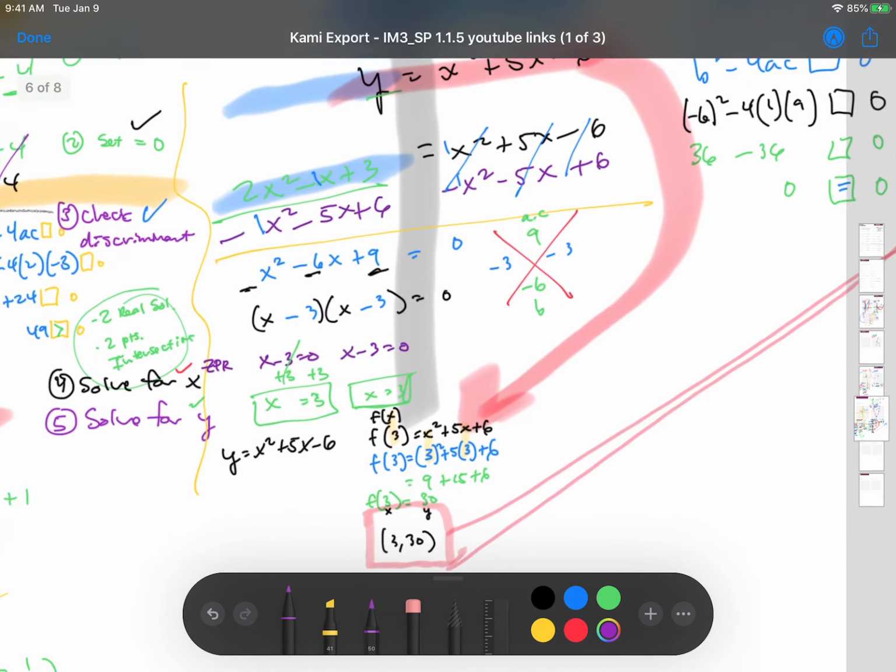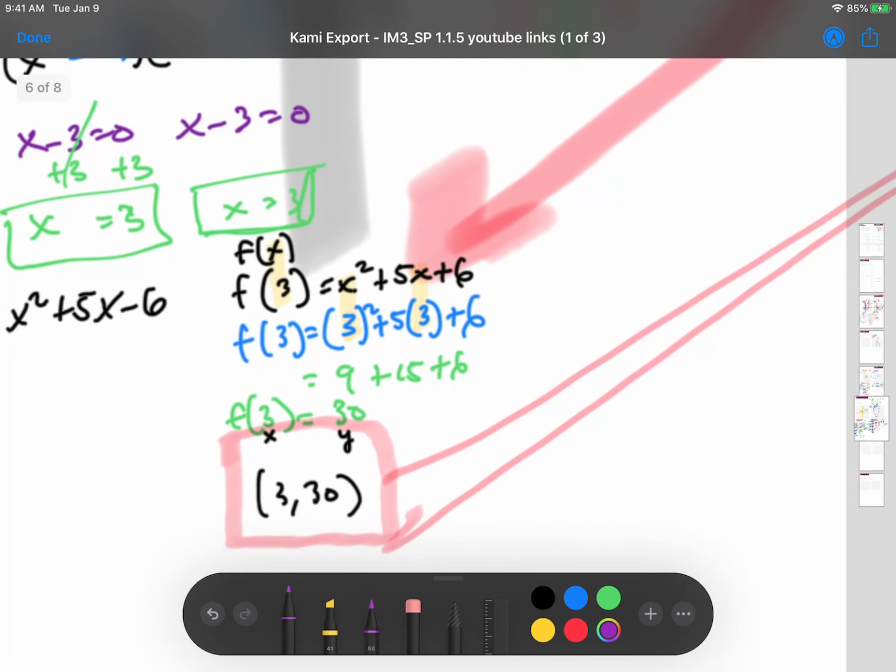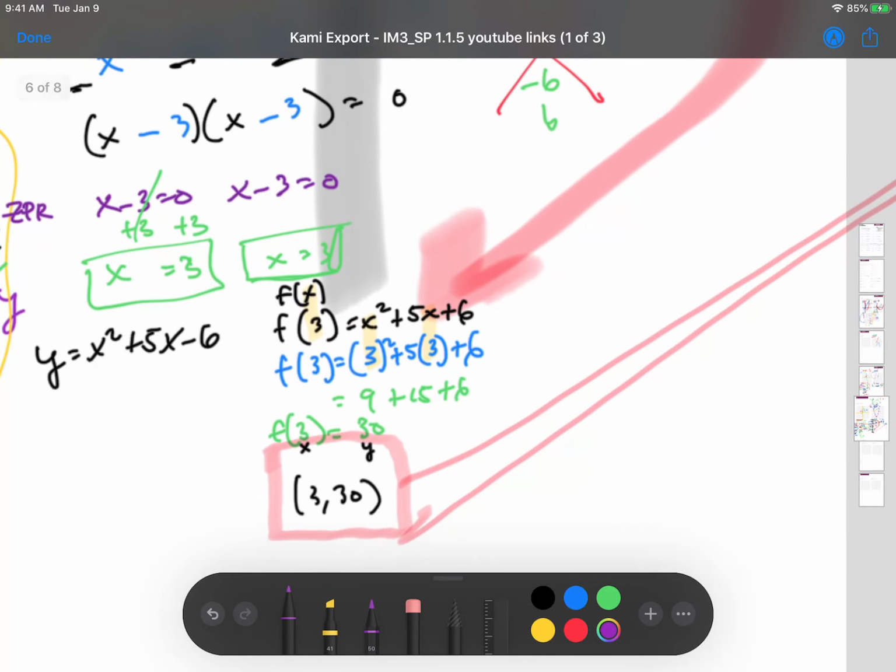We said that it was going to be x minus 3, so x is equal to 3. I see my mistake again. It's right here. That should have been a minus 6.